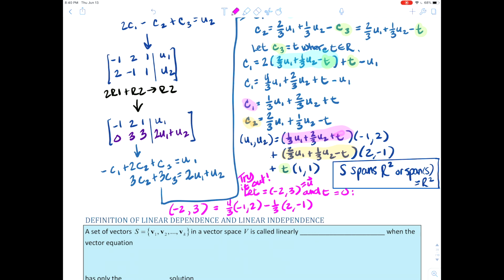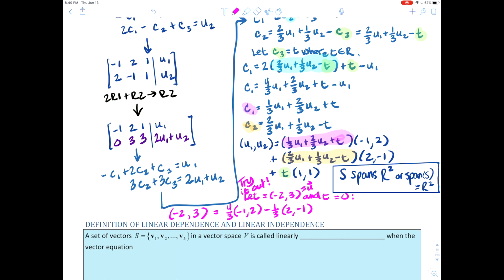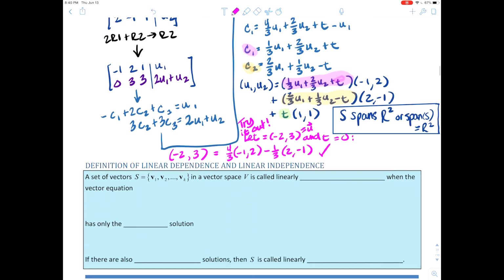So 4/3 times -1 is -4/3, and -2/3 gives -6/3, and that is indeed -2. And then for the second component, 4/3 times 2 is 8/3, and then plus 1/3 is 9/3. So do you see you get 3? So this checks out. Isn't that groovy? You can just randomly pick any vector that you want in R2, and it works out. Groovy?